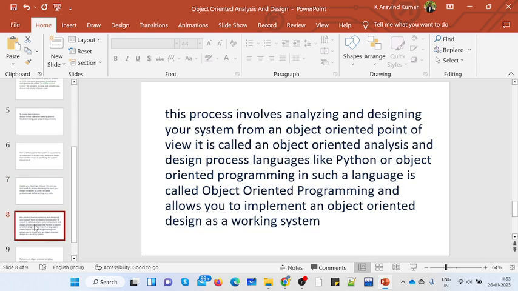Analyzing and designing is the part of object-oriented analysis and design. If you take Python, it is an object-oriented programming language, and it allows you to implement object-oriented design as a working system.